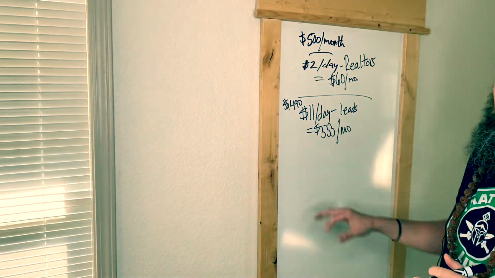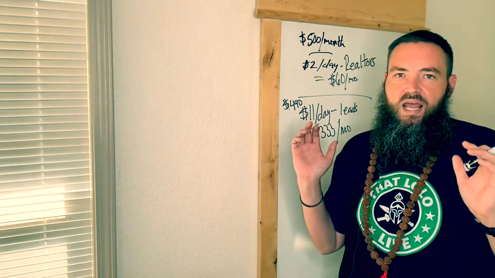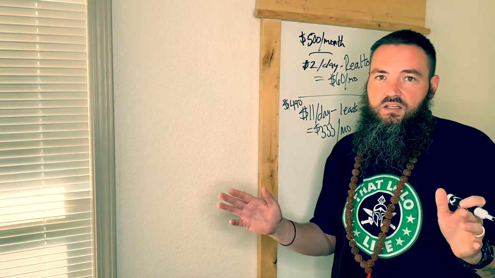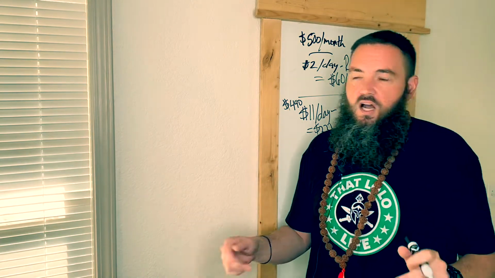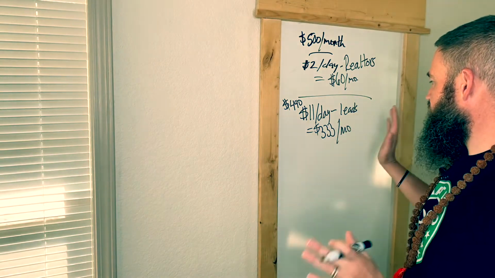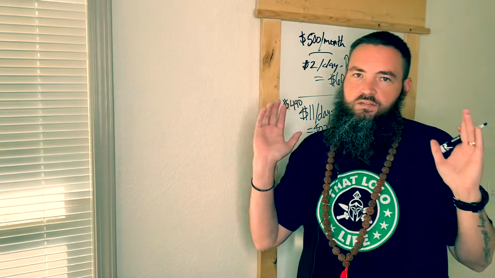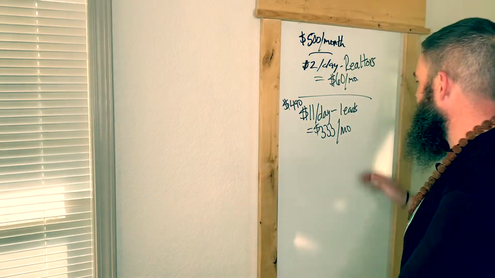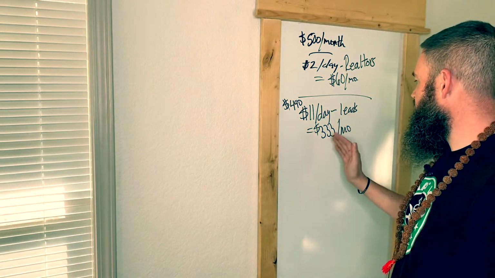If I'm spending $11 a day and I'm going after quantity, not quality, odds are I can get leads for about, let's assume worst case scenario, that leads cost us $2 per lead.